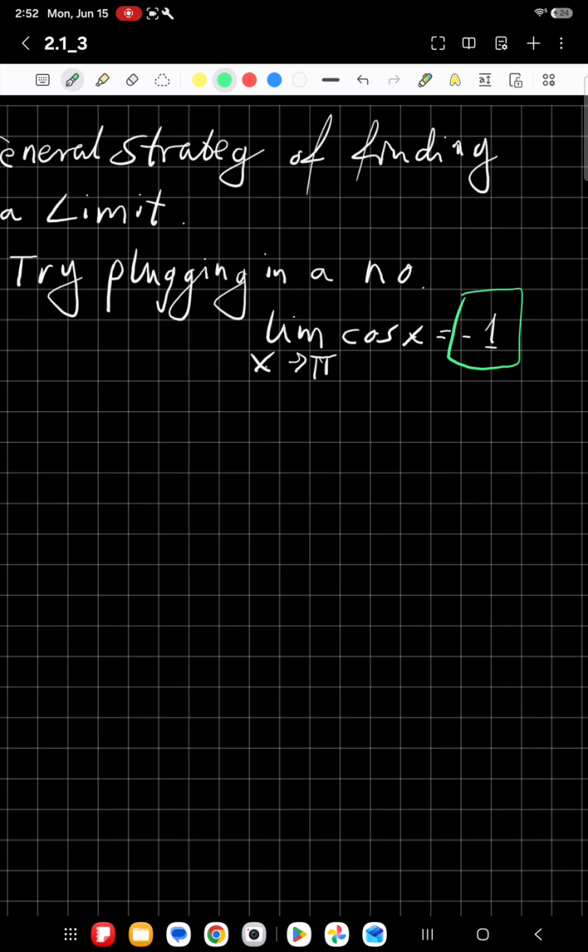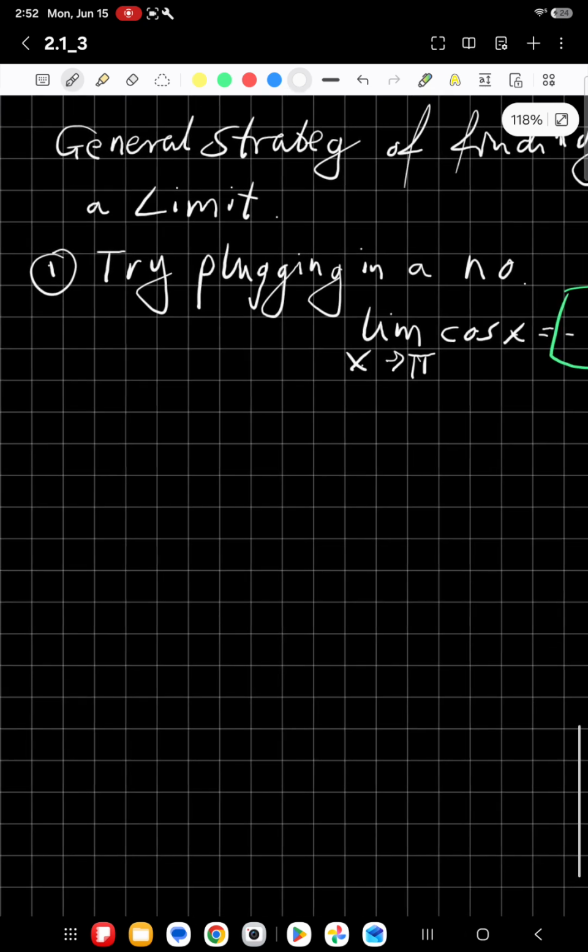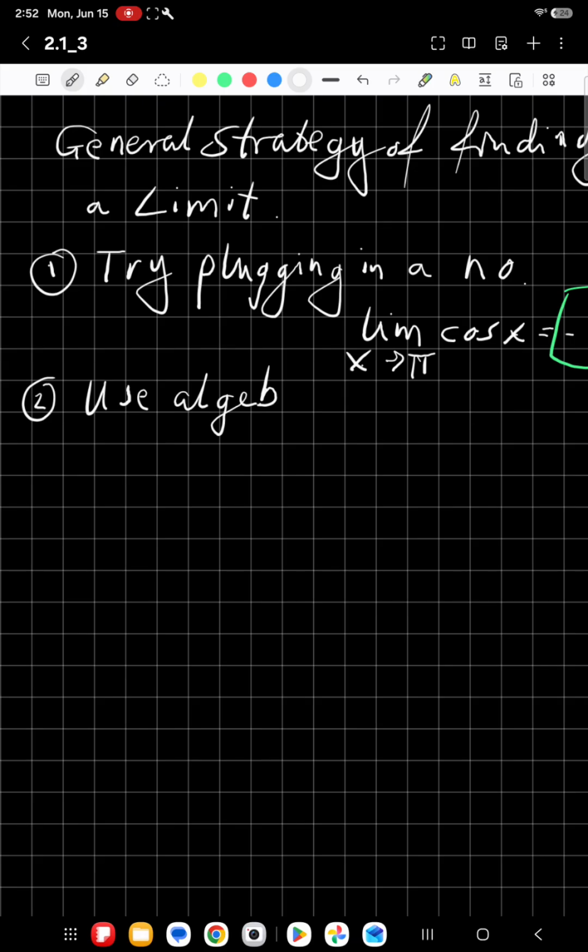All right. So the second technique, second strategy, is using algebra. So use algebra. In the previous example, not this one with cosine, we factored the difference of cubes.